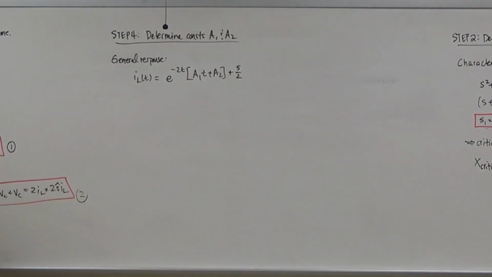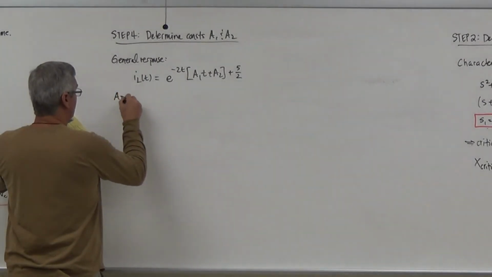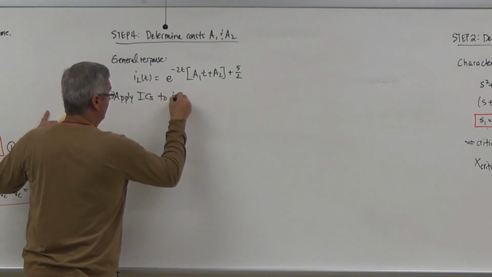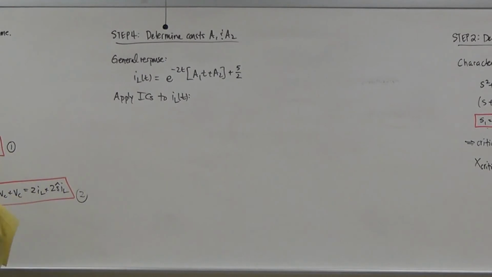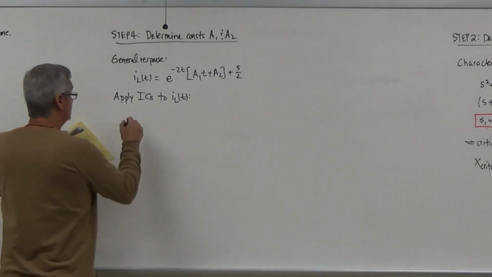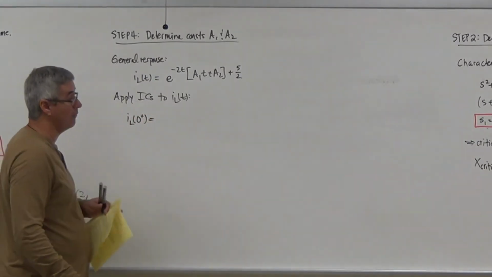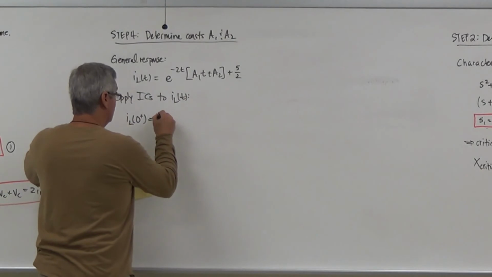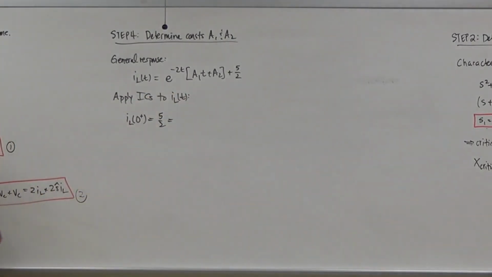Now I apply the initial conditions to IL of t, and that makes it realistic. So IL at 0 plus has to equal what? That tells me it's got to be 5 halves. But now I've got to take my 0 and plug it right into here.